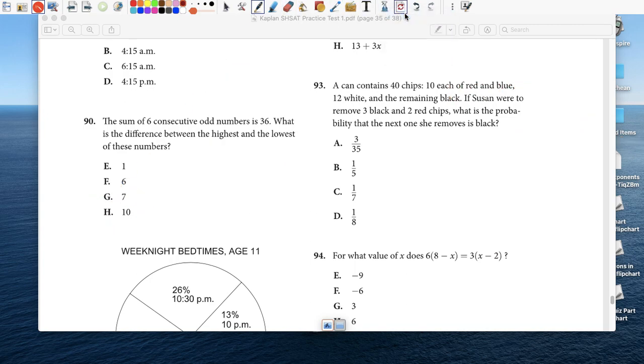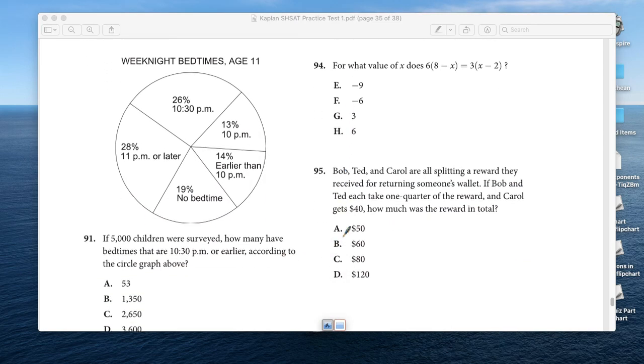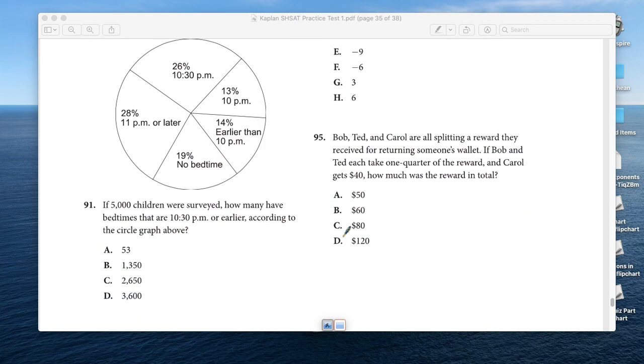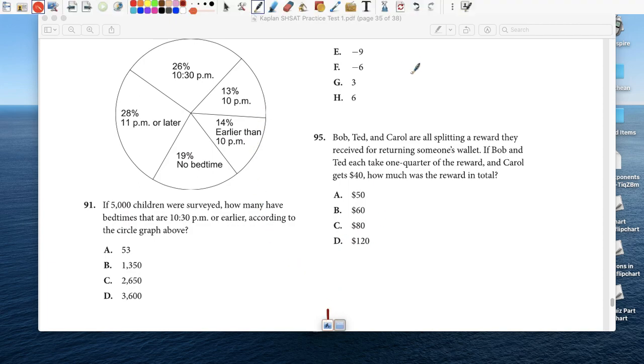Oh, I'm going to read the whole question. 5,000 children were surveyed. How many have bedtimes that are 10:30 p.m. or earlier, according to the circle graph? There were 5,000 children, and 10:30 p.m. or earlier.